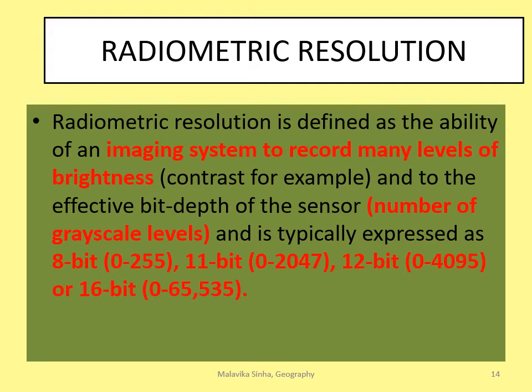EMR reflected by Earth objects is recorded by the various bands. It may be recorded in the blue band, the green band or the infrared band. Within the same band, there is a variation in brightness, a variation in electromagnetic energy.